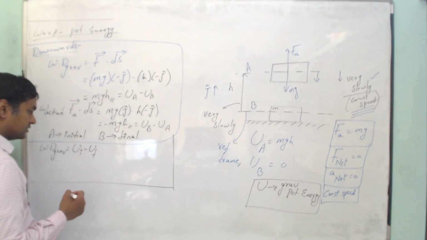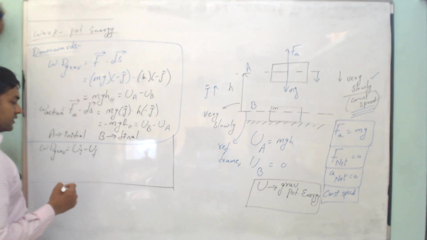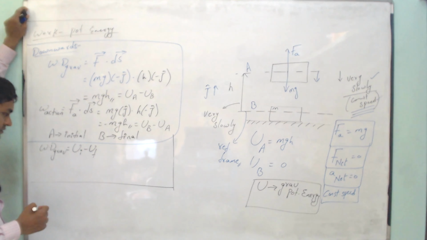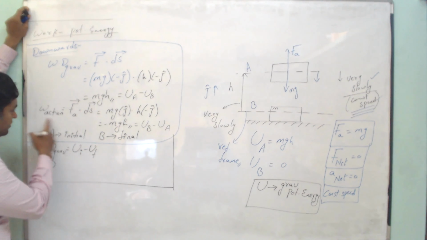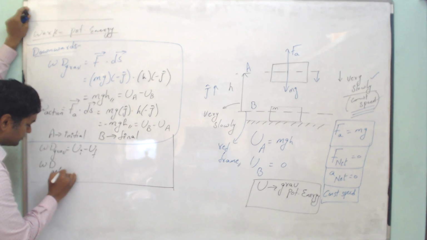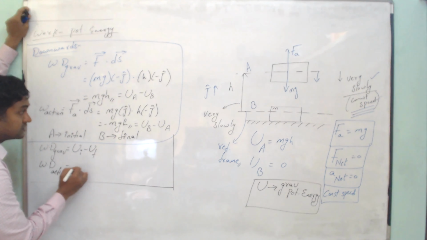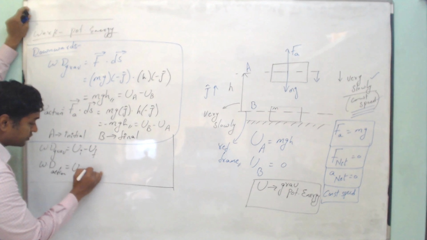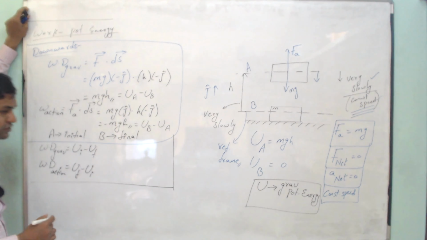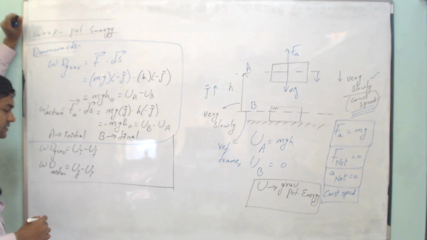Right? Yes, sir. Fine. Whereas my work done by my action force is equal to UB minus UA, that is final potential energy minus the initial potential energy. Is this clear? Yes, sir.